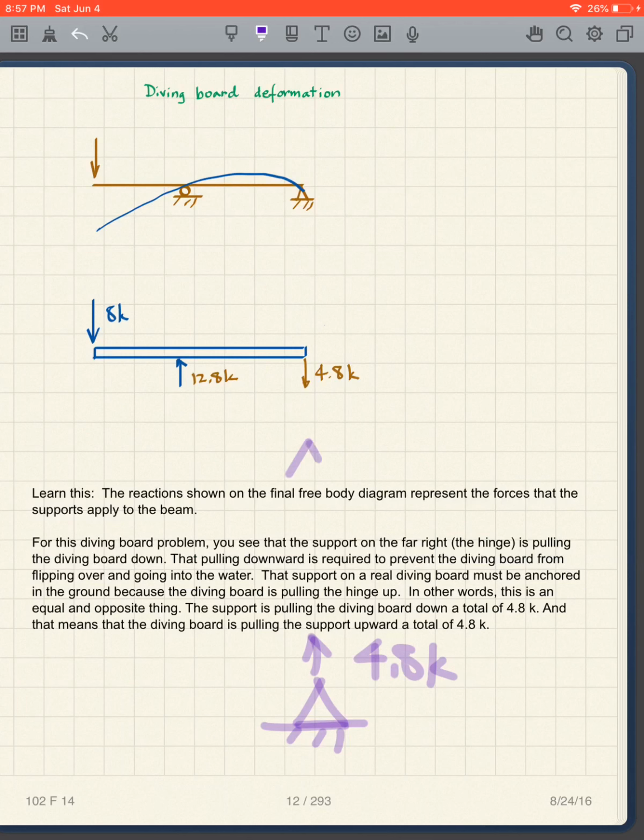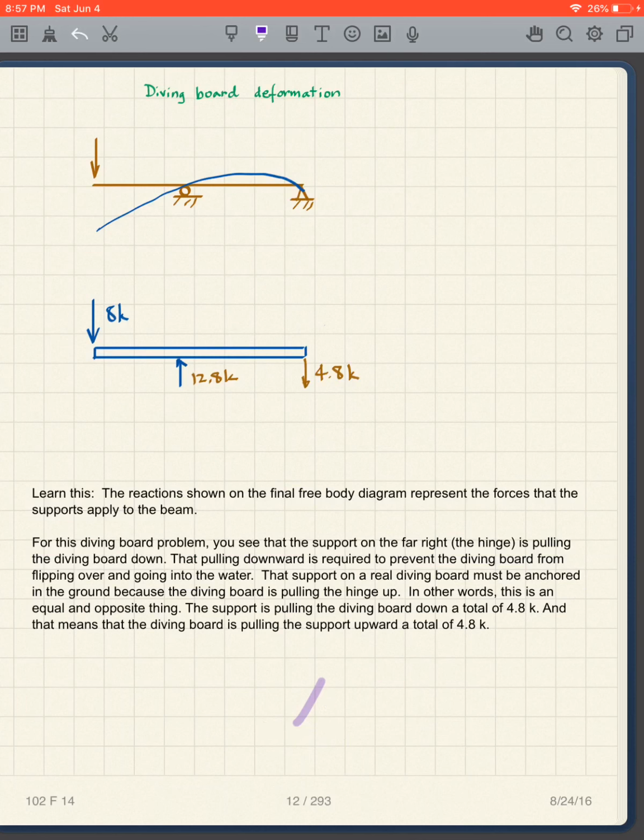So we have to have an equal and opposite force here. If this is pointing downward 4.8 kips, this must be pointing upward, equal and opposite. So the diving board is pulling upward 4.8 kips. If you're designing the diving board supports, you have to make sure that anchor can pull upward 4.8 kips in this particular case.